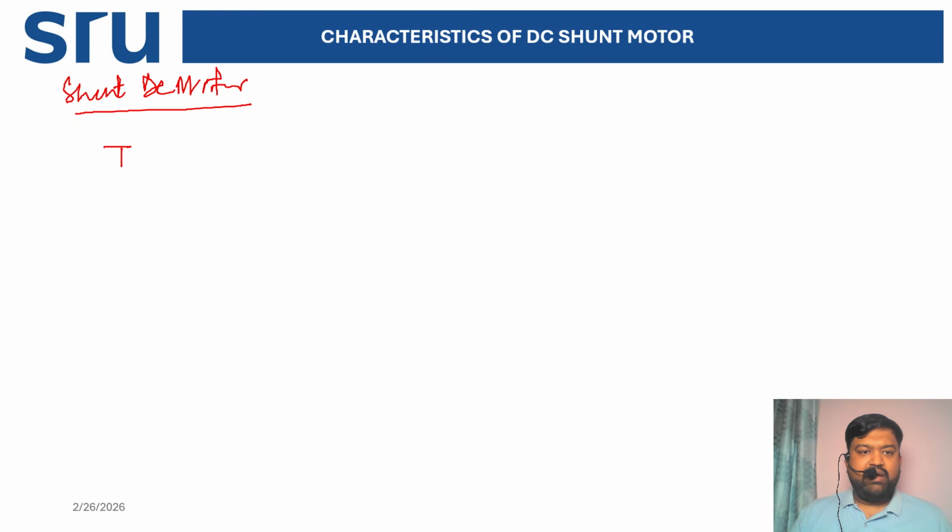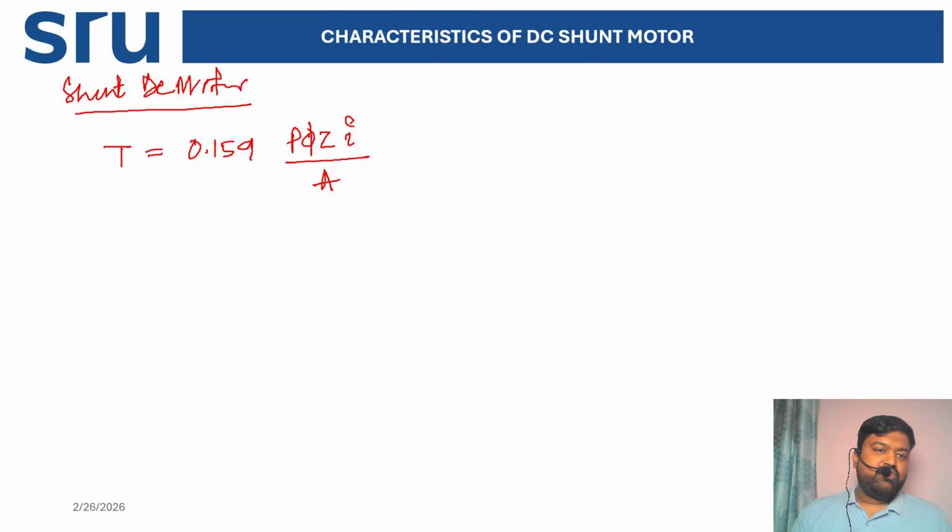One formula we derived is that torque is equal to 0.159 P by Z I by A.